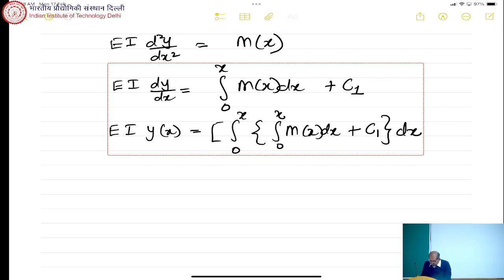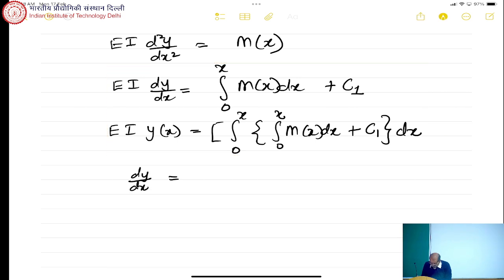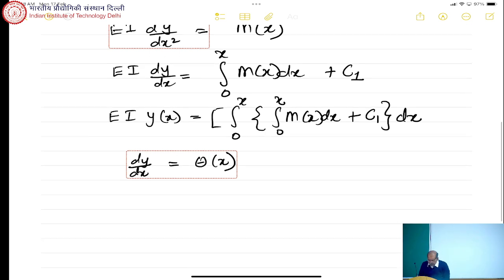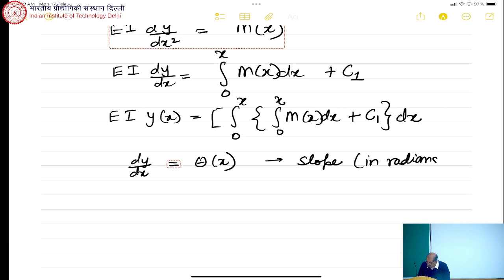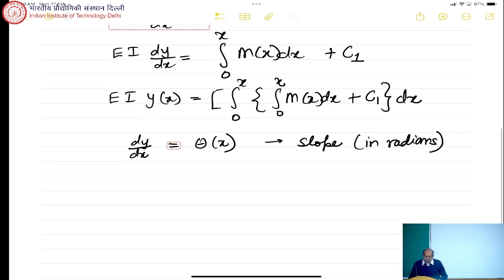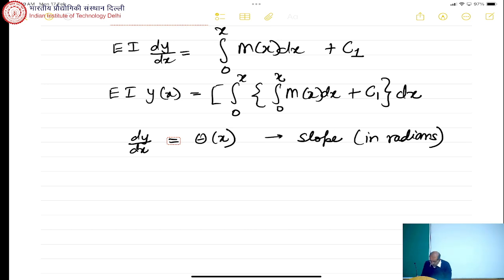And what we have said is dy by dx can be written as theta of x, and this is the slope of the deflection of the beam.